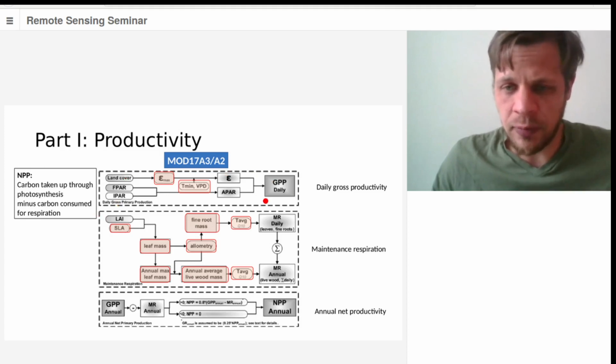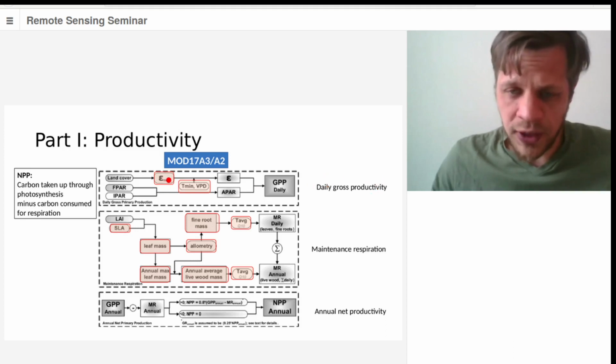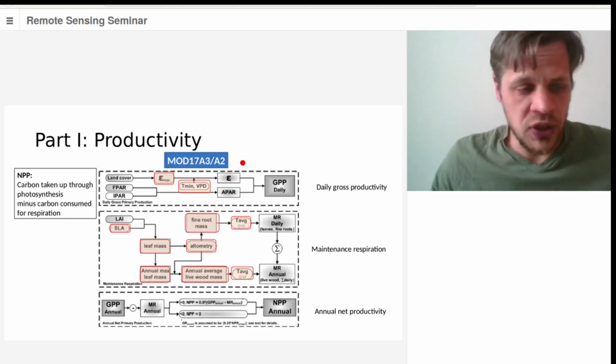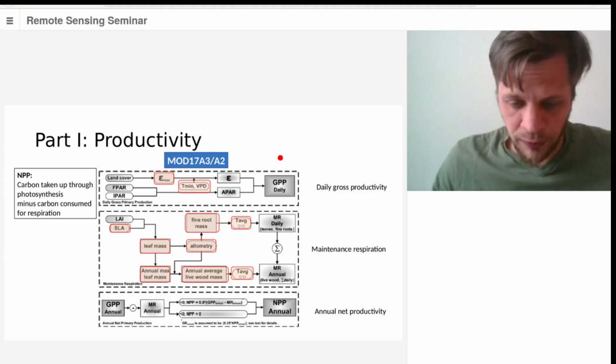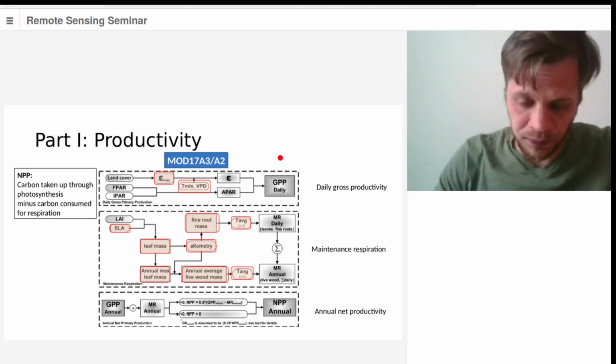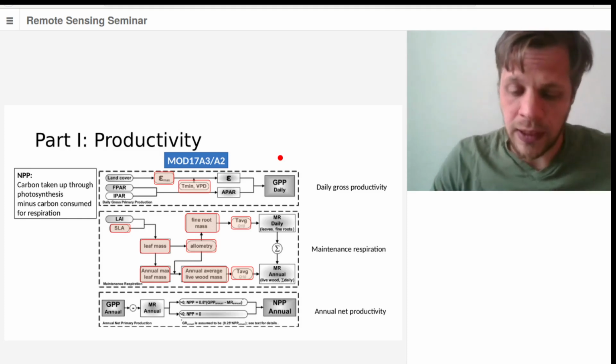The first part over here is the daily gross productivity. Here you have one key parameter, epsilon max and the normal epsilon, which is the light use efficiency. It says how much of the incoming light can be used by plants for gathering carbon.